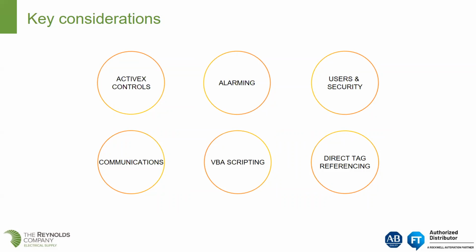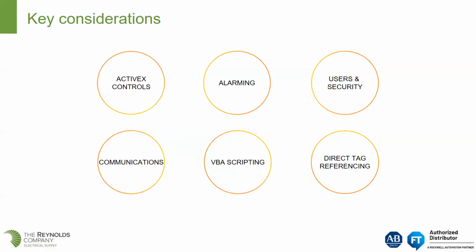Users and security is a big consideration. In RSView32, security is handled by the RSView32 application. In FactoryTalk View SE, users and security is handled by the FactoryTalk Administration Console.